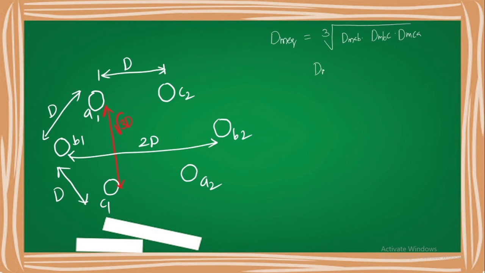We have just found that DMAB is the same as DMBC, the same as DMCA, equal to 3 power 1 by 4 times D. So DM equivalent is also 3 power 1 by 4 times D.